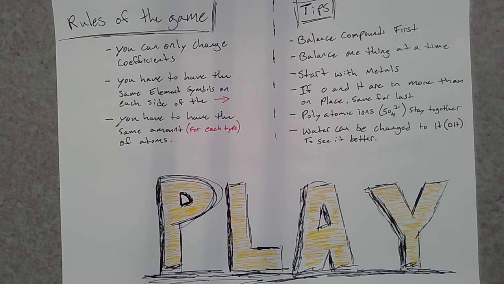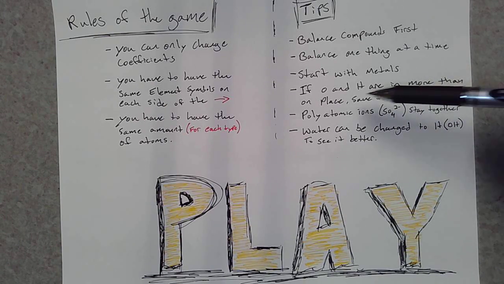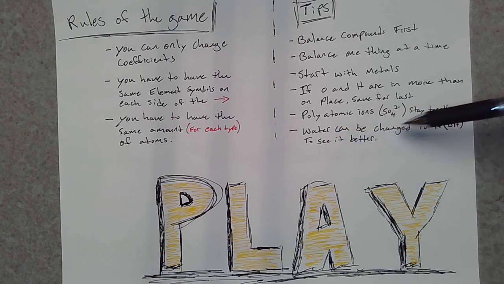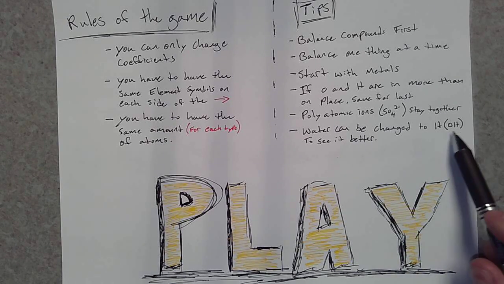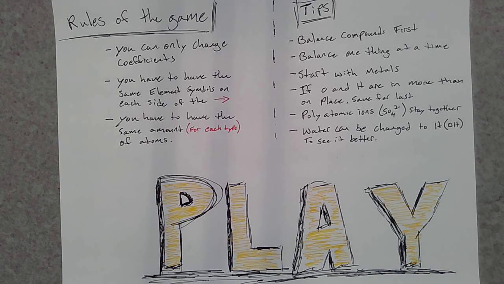Polyatomic ions stay together. Remember, they're ions. They stay together. Those are stuck together and I'm not going to break them apart. And then water can be changed to HOH if we need to, to help see the relationships a little bit more, because OH, if you remember, is also a polyatomic ion. So if you see OH on one side, it might be easier to break that apart just a little bit.